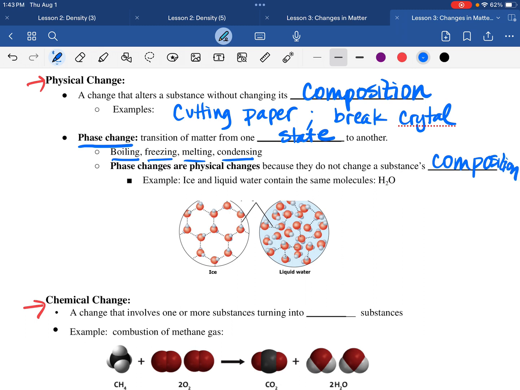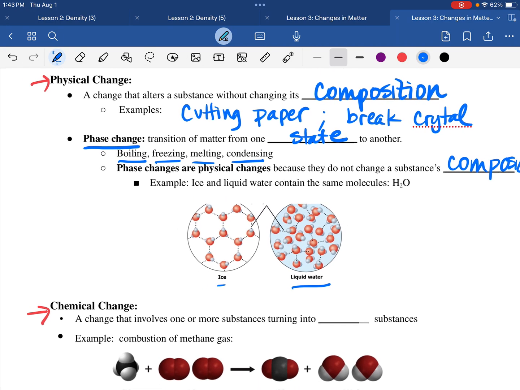For example, ice. Here we have a photo or a diagram of ice and of liquid water. And if we zoom in, you can see that we have not changed the composition. If we look at a water molecule, the red represents an oxygen atom, and those two blue Mickey Mouse ears represent hydrogen atoms.